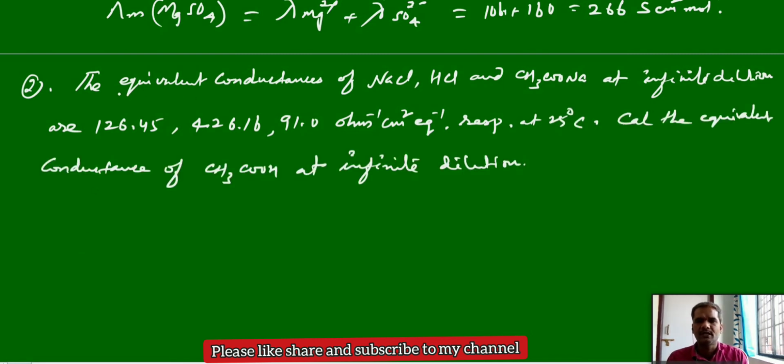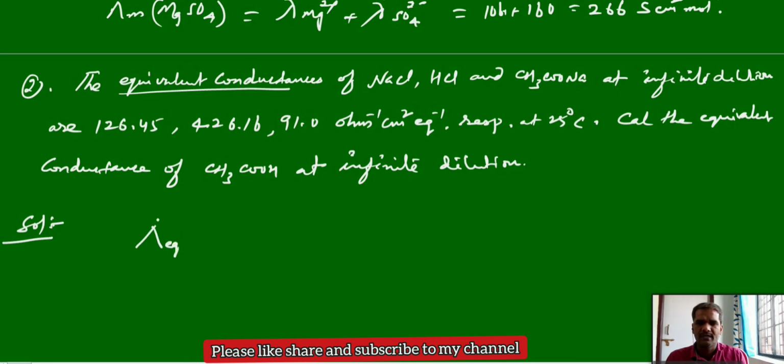Second question. This is at 25 degrees centigrade. So what do they give? The equivalent conductances are given here for sodium chloride, HCl, sodium acetate, like this. Then we have to calculate the equivalent conductance of acetic acid at infinite dilution. So direct formula here according to the application of Kohlrausch law. First application.